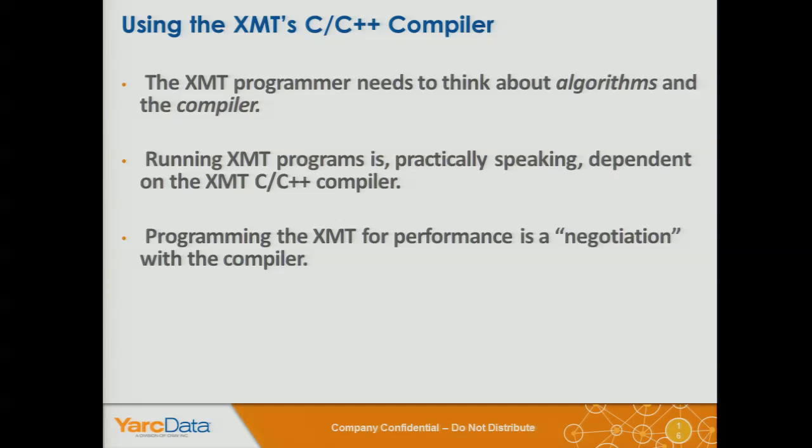When you're programming XMT, it's often best to sit back and start with a clean sheet of paper and think about the basics of the algorithm that you're working on. It's actually somewhat difficult to port codes that were originally written for, say, an XE6 to the XMT, because the parallelism that the XMT works best on is very finely grained.